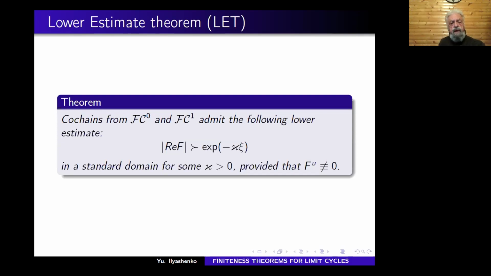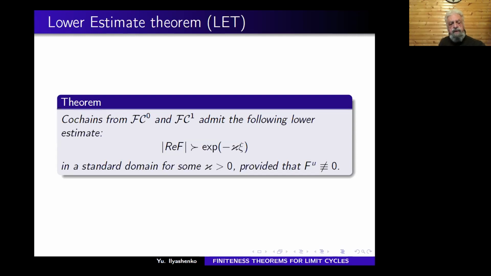On the real axis, they satisfy this inequality: the modulus of the real part is greater than some decreasing exponent. This is even in a standard domain, not only on the real axis.